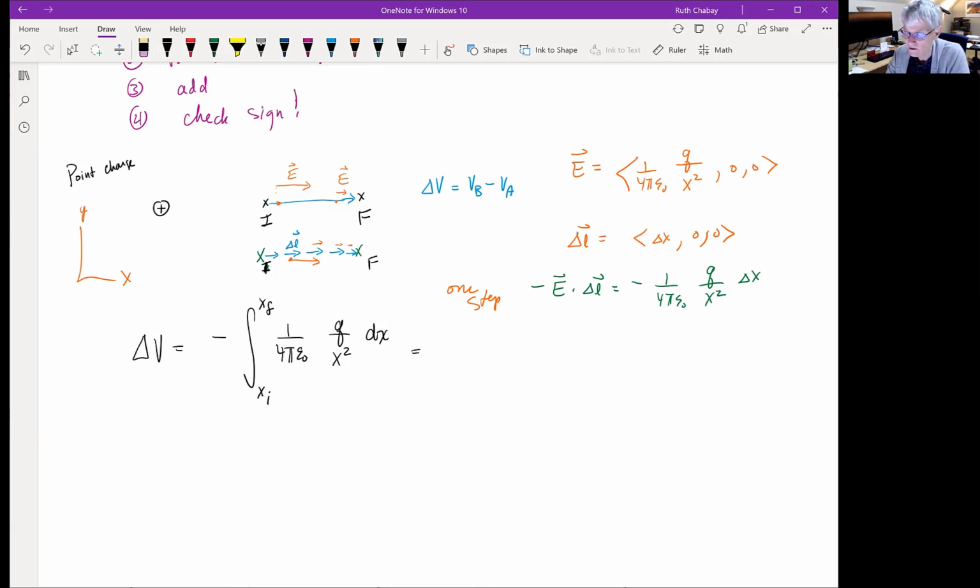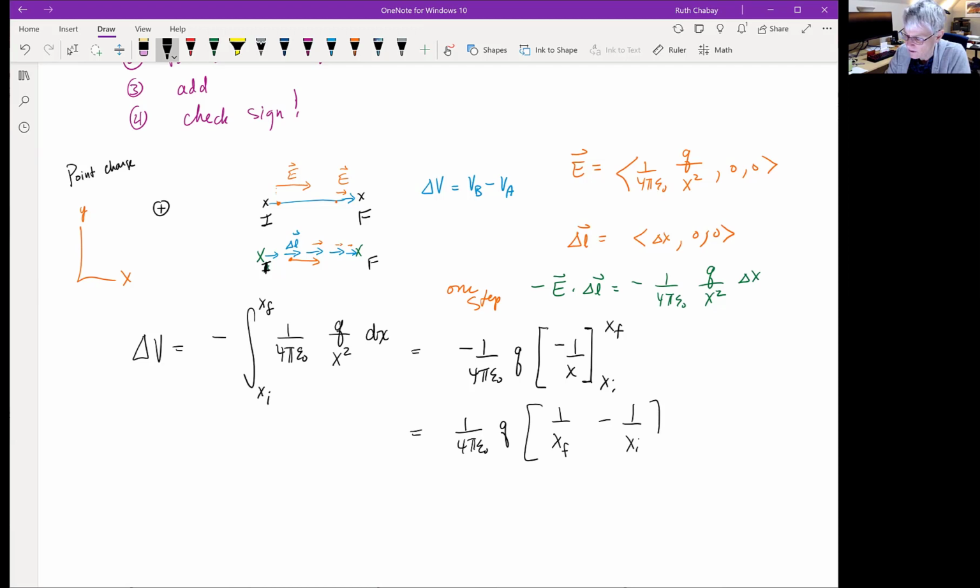If we move the constants outside, we have 1 over 4 pi epsilon 0, q, and the integral gives negative x to the minus 1, that is, minus 1 over x, from x initial to x final. So that comes out to a plus 1 over 4 pi epsilon 0 q times 1 over x final minus 1 over x initial.